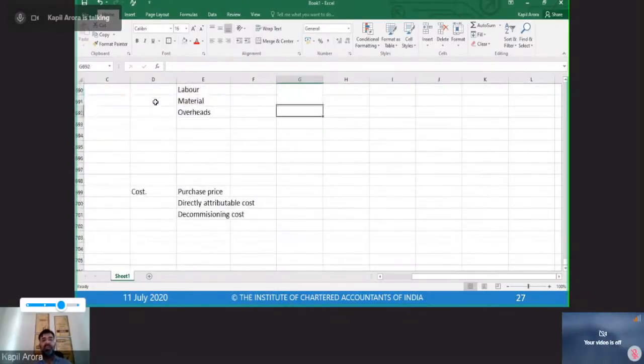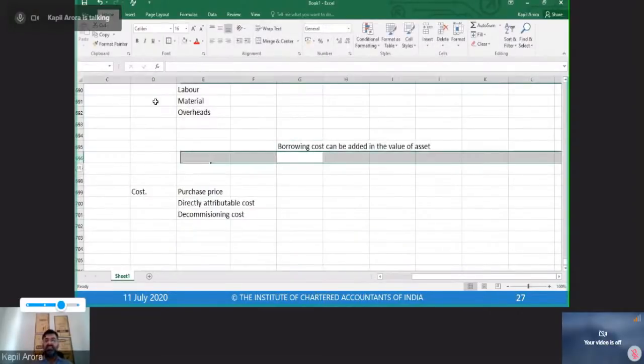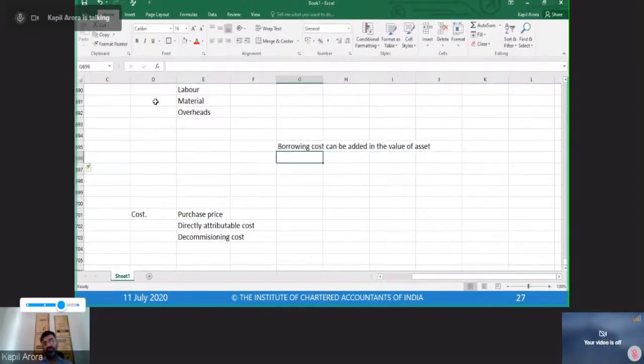So borrowing cost, I mentioned, the borrowing cost can be added in the value of, means interest cost on loan can be added to asset value.